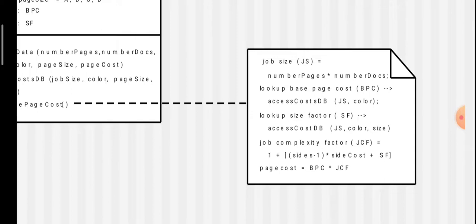Again the size factor depends upon the job size, color and size. The job complexity factor is calculated by the given formula: 1 plus (sites minus 1) into site cost plus size factor. Based on all these, the page cost is given by BPC into JCF.